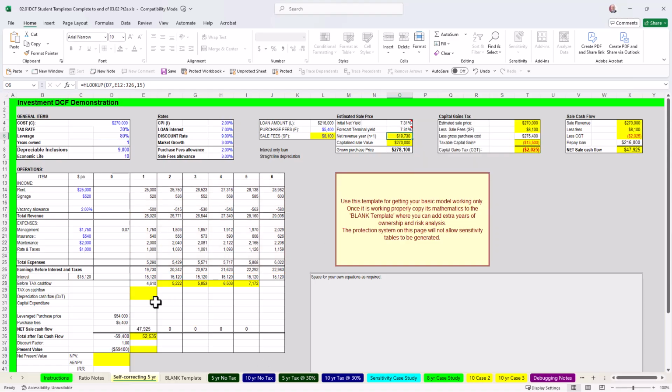Okay, so it's saying if I sell the property after 1 year, the net revenue, hang on, is 19,000. Well, in fact, it's going to be 15 plus 1. What's going on there?